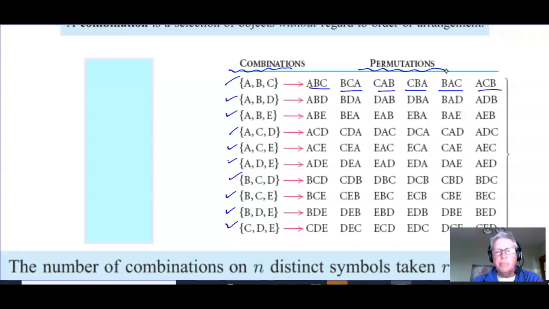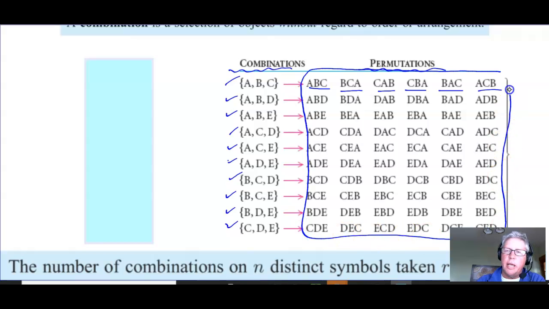So what do we have to do? We have to first calculate how many permutations, and then divide that by how many ways I arranged those 3 letters. Remember, it's 3 times 2 times 1, or 3 factorial, the number of elements.